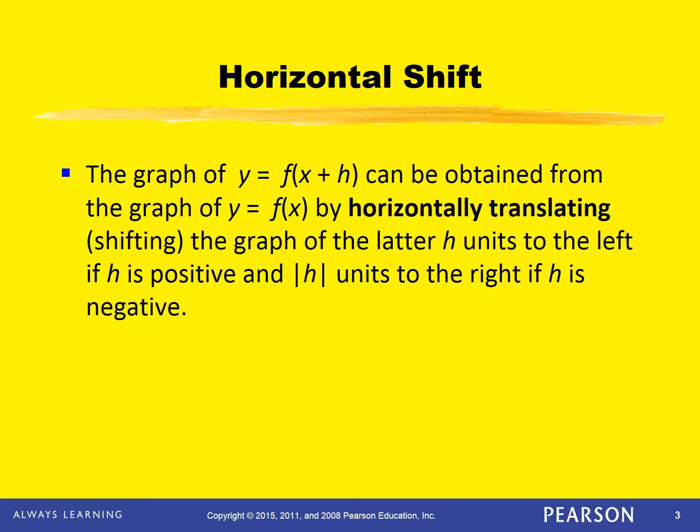For horizontal shift, the third one, now we've got a constant h thrown in there on the inside of the parentheses, not on the outside of the parentheses. And the graph of the horizontally shifted one, y equals f of x plus h, can be obtained from the graph of y equals f of x by horizontally translating, or shifting, or sliding, or gliding, or moving rigidly the graph of the parent, h units to the left for h positive, and absolute h units to the right for h negative.